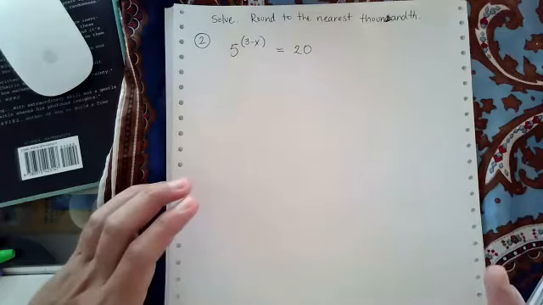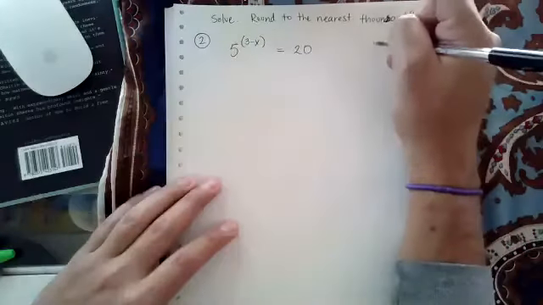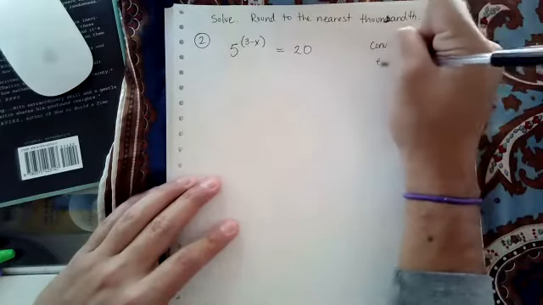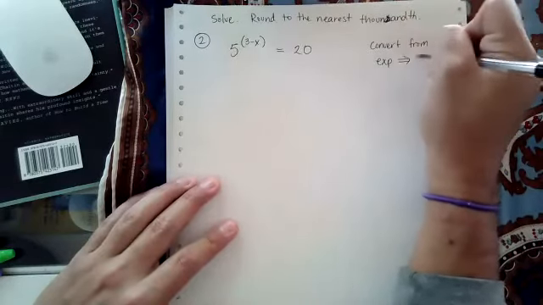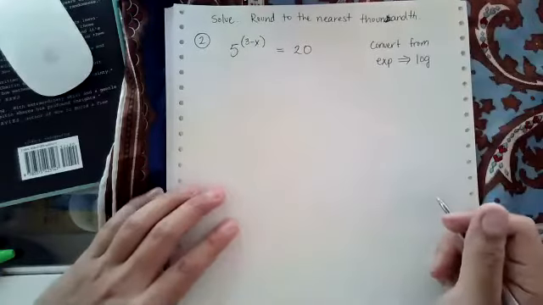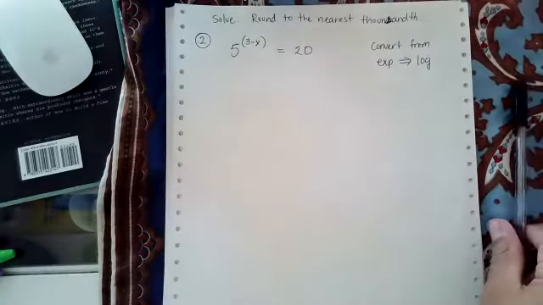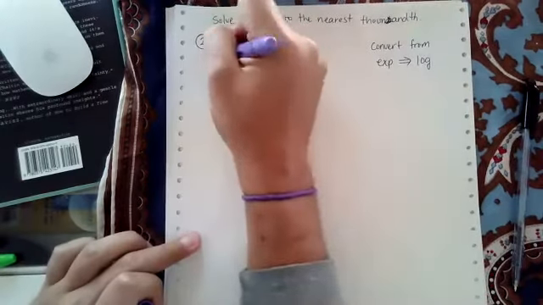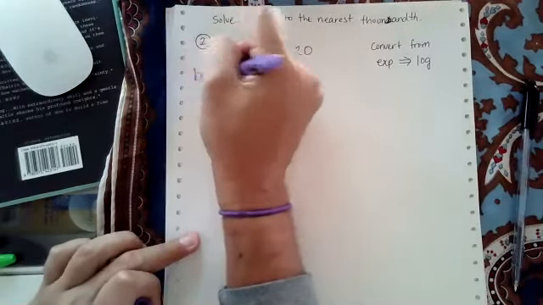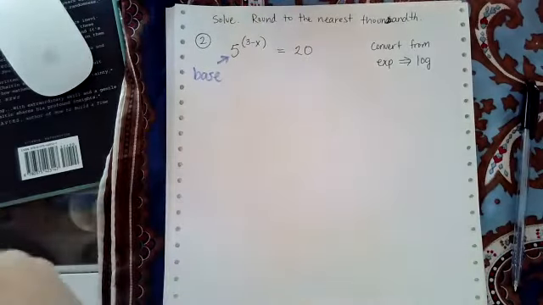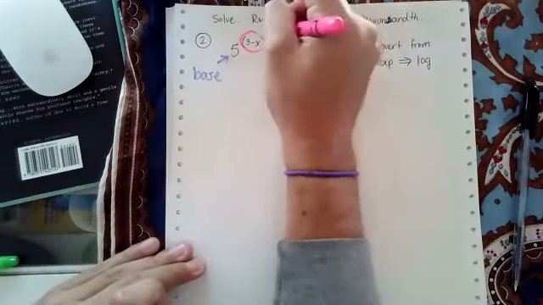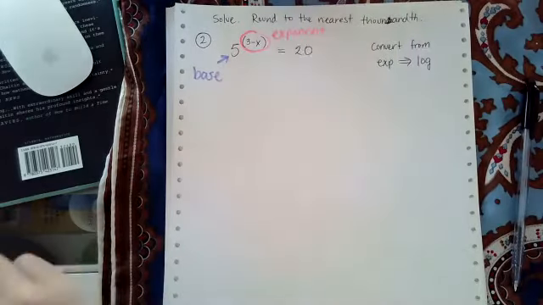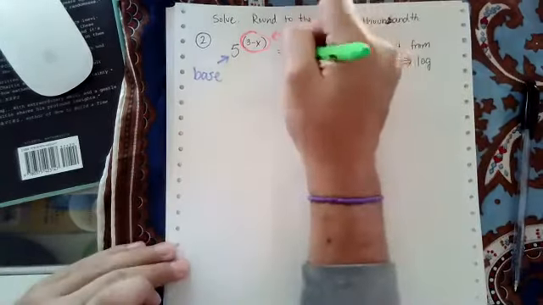So what we want to do is convert from exponential form to logarithmic form. So I want to identify the base, the exponent, and then the argument.